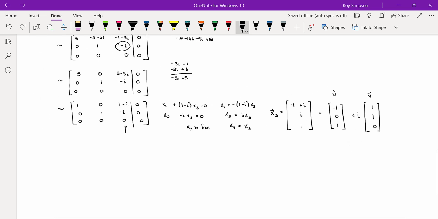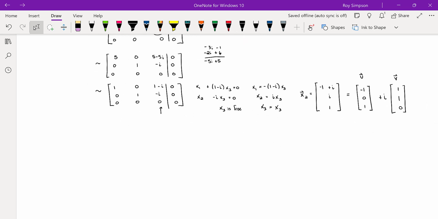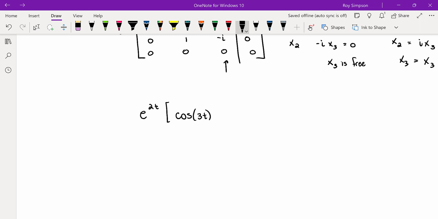And if you remember, if your brain is still somehow functioning after all that, the two linearly independent solutions you're going to get for this complex conjugate eigenvalue are going to be of the form e to the alpha t, where alpha here is 2, times the quantity cosine of beta t plus i sine of beta t, times the vector u plus i times the vector v.